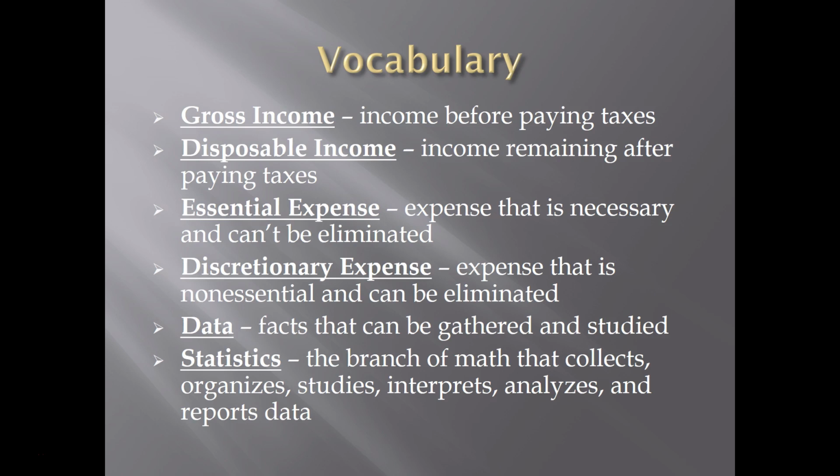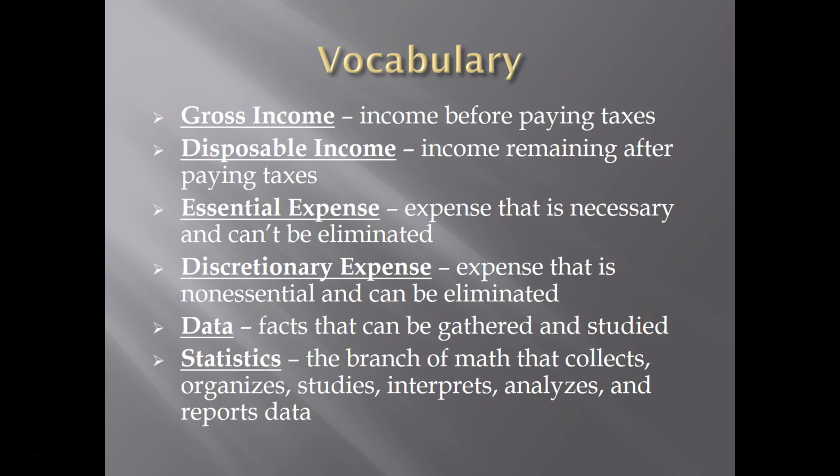Whether an expense, that's money that you spend out of your paycheck, out of your earnings, is discretionary or essential, basically where it comes from as far as your income is concerned does play a role, especially the discretionary income portion. So let's talk about the income first and then get into your expenses, because you have to have the income before you get to the expenses, right? You have to make money before you can spend it.